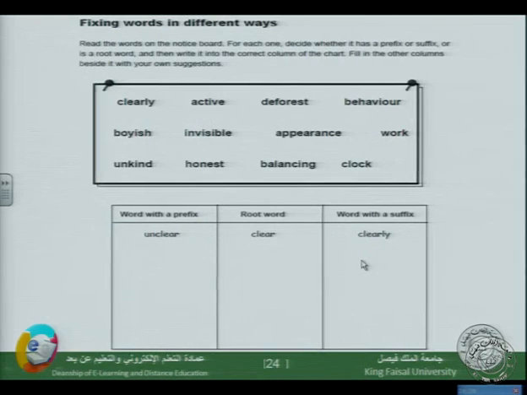Fixing words in different ways. So as you can see here, the first word clearly, the root word of this word is clear, the stem word. With the suffix, you add ly, and with the prefix you can add unclear. Okay? We can also have the word behavior.